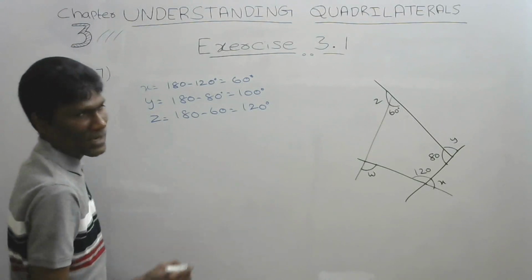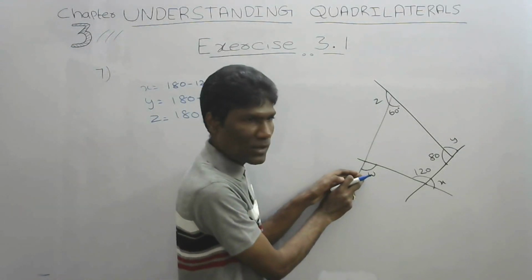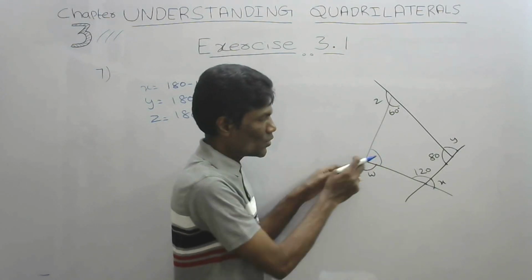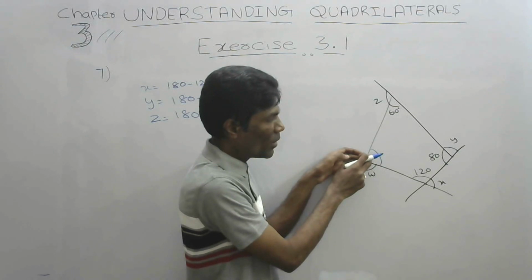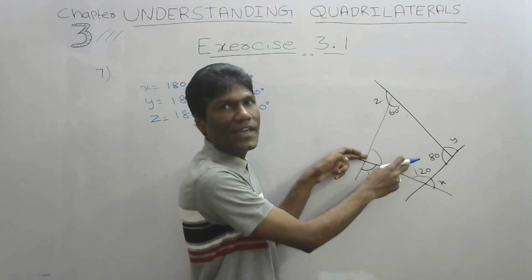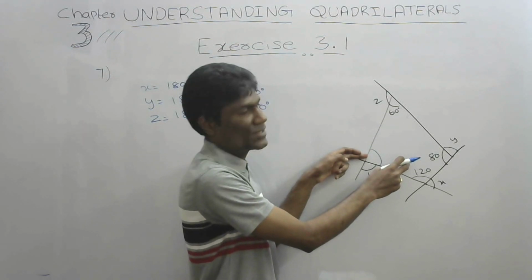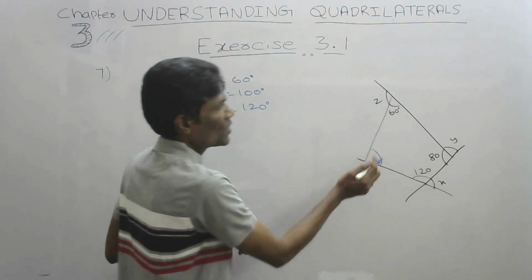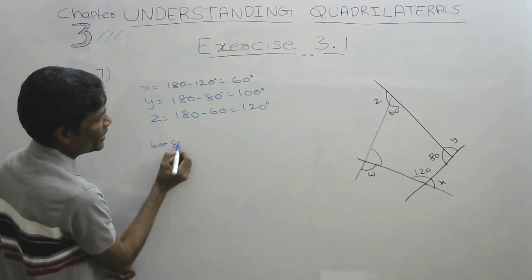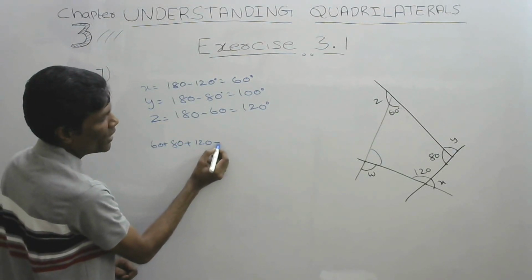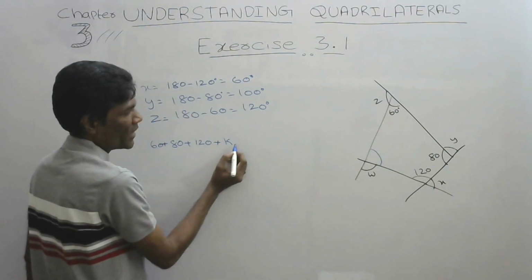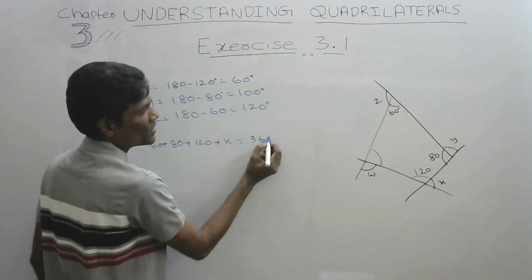Then next w. Before finding w, first we need to find the interior angle. So how to find this? We know a property: the sum of interior angles of a quadrilateral is 360 degrees. Let us apply that formula. So this 60 plus 80 plus 120 plus this angle, let us name it as K, equal to 360 degrees.